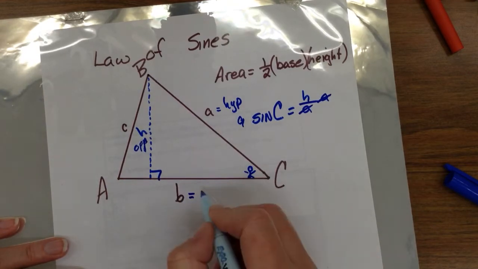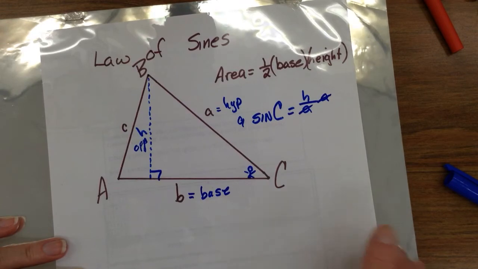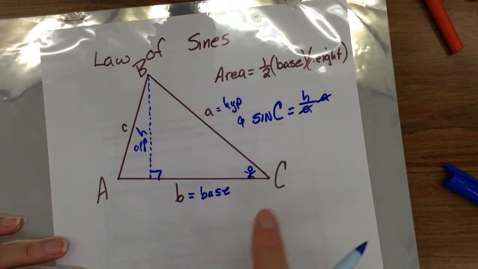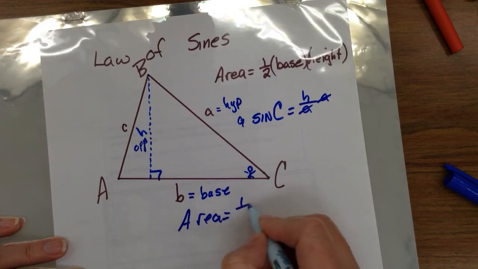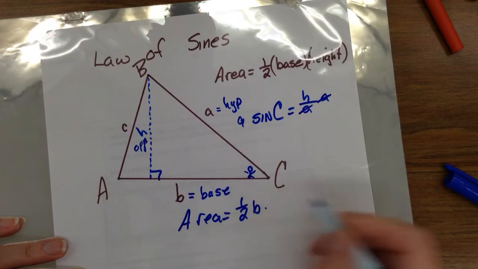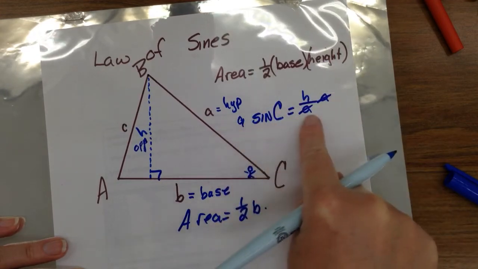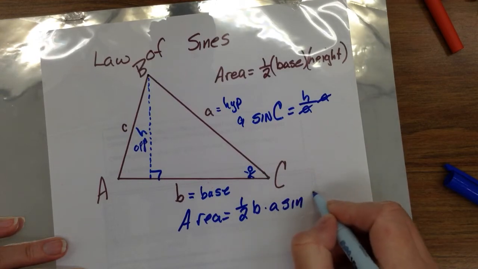So that makes side B the base. So here's our first version of the area, putting all of this together. Our area this way is 1/2 the base, which is side B, times the height, which is A sine C.